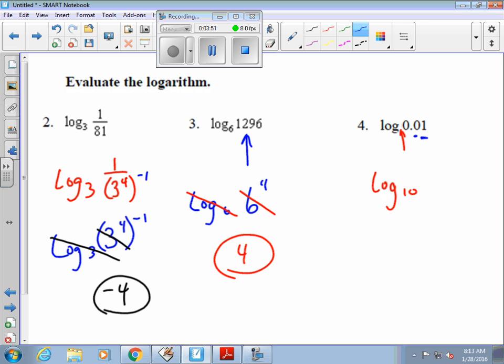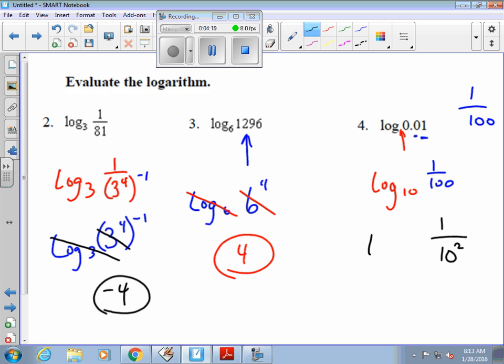So that number is 1 over 100. So we have log base 10 of 1 over 100. We want to make the number 100 into base 10, just like we made 81 and 1296 into different bases. So the number 100 is the same thing as 10 to the 2nd power.